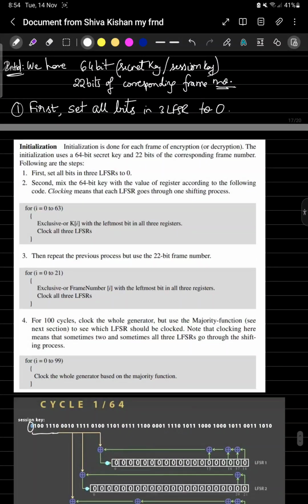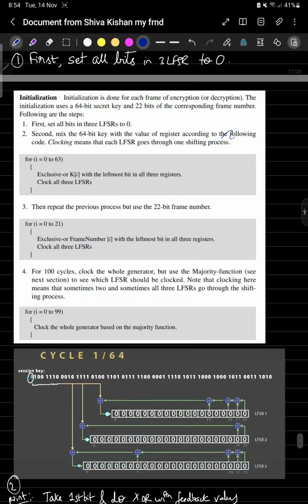After that, in initialization, let's go directly here. Initially, since we have 3 LFSRs of sizes 19, 22, 23, we will initialize all values as 0.